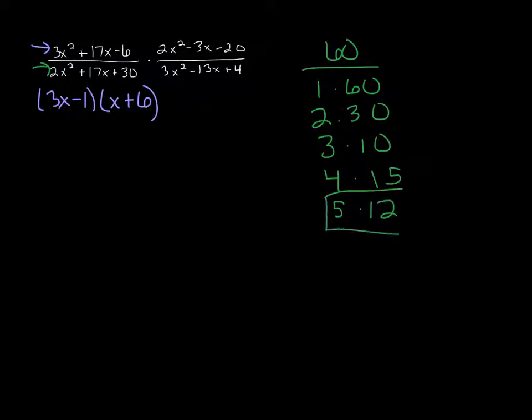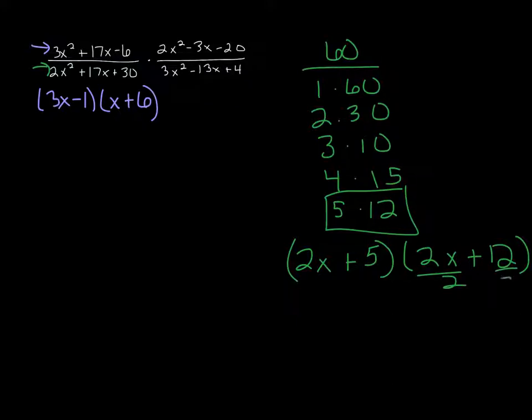There it is. That works. 5 plus 12 is 17. So 2x, don't forget the 2, plus 5, and 2x plus 12. This one can be reduced by 2. So 2x plus 5 and x plus 6.